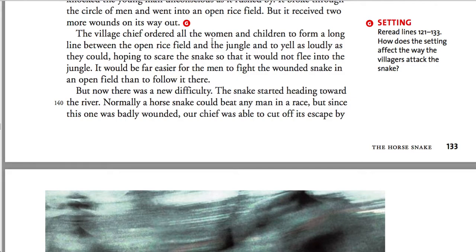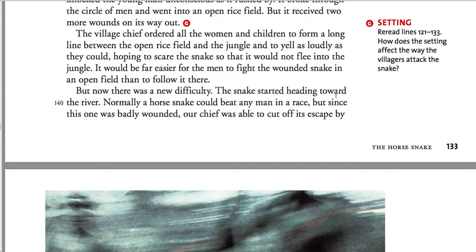The village chief ordered all the women and children to form a long line between the open rice field and the jungle and to yell as loudly as they could, hoping to scare the snake so that it would not flee into the jungle. It would be far easier for the men to fight the wounded snake in an open field than to follow it there. But now there was a new difficulty.